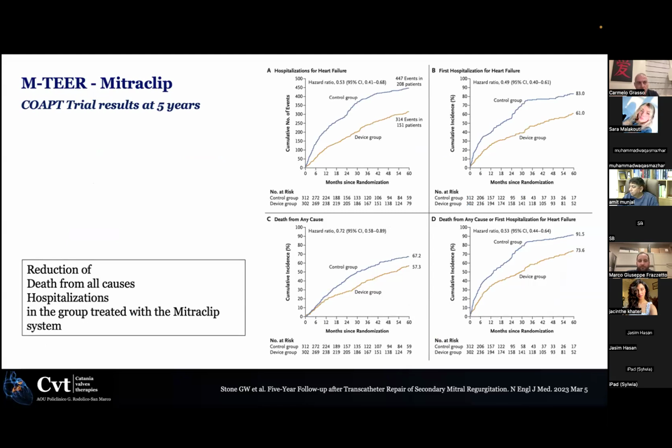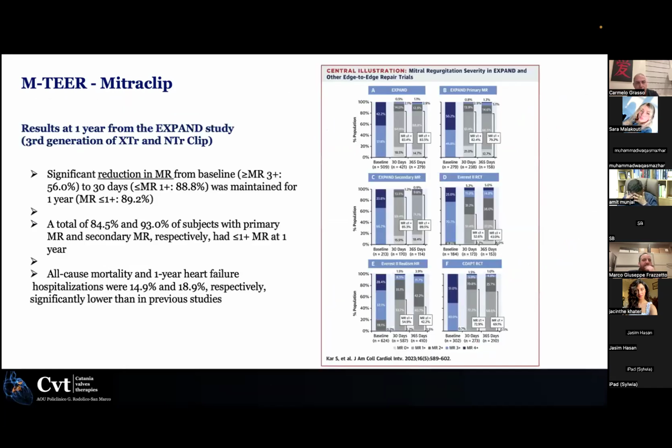And here we have the result of the COAPT trial at 5 years. You may see that we still have a reduction of death from all causes and hospitalization in the group treated with the MitraClip. And the results are sustained at 5 years. These are the results from the EXPAND study.